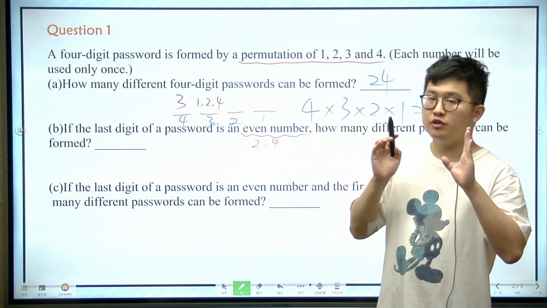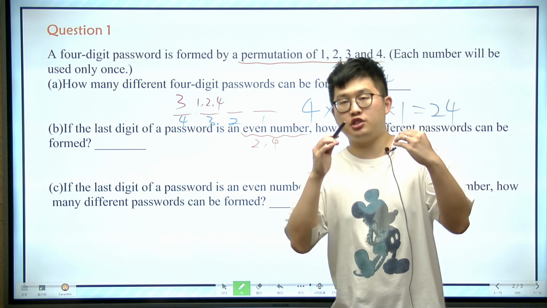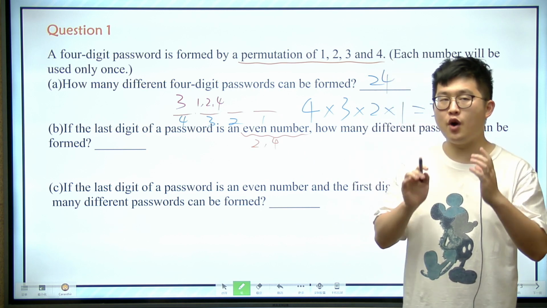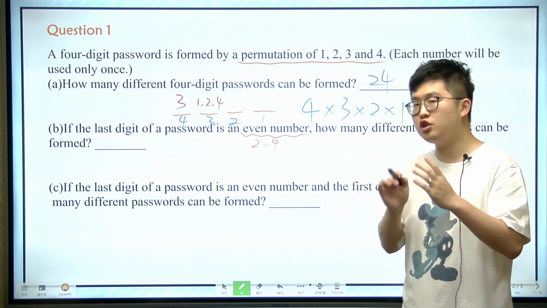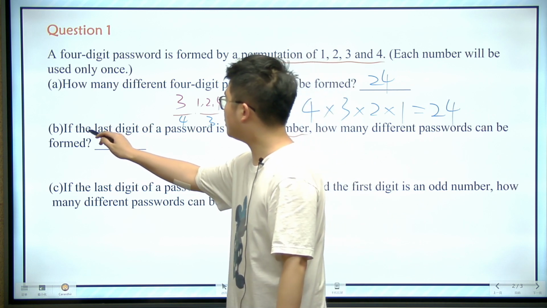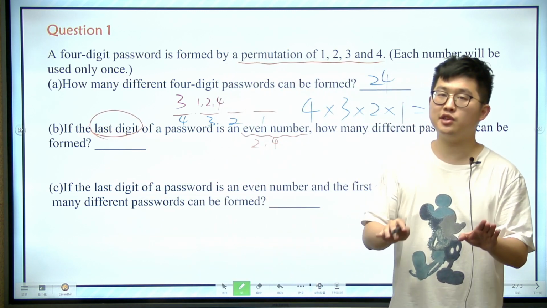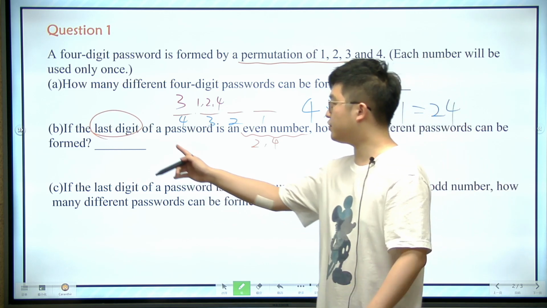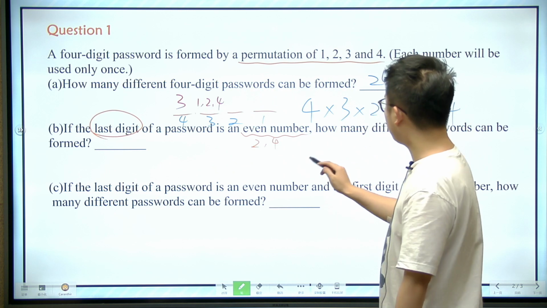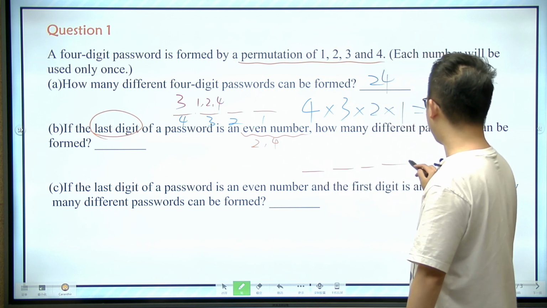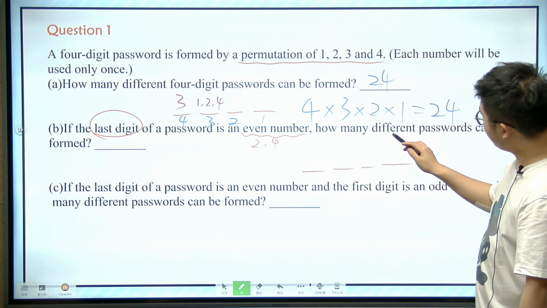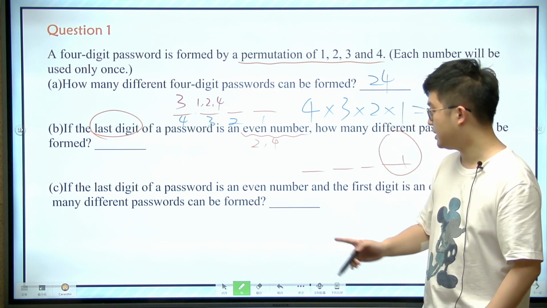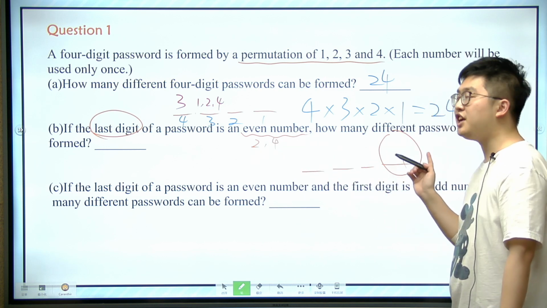Remember this: when you are solving a permutation question and there are special requirements for a certain place, for example the last digit, we consider this place to begin with. We still have 4 places, but we first consider this place, because this must be an even number.